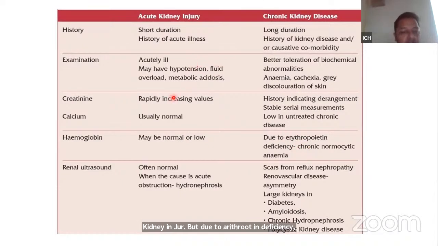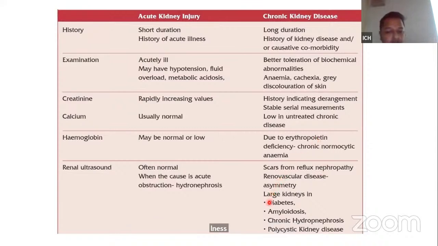In acute kidney injury, creatinine will have a rapidly increasing value, but in chronic kidney disease, there will be history indicating derangements and stable serial measurements will be there. Also, there is a role of USG in differentiating between AKI and chronic kidney disease. Renal ultrasound can often be normal in AKI, but in chronic kidney disease, scars from reflux nephropathy may be present and the kidney can be shrunken.